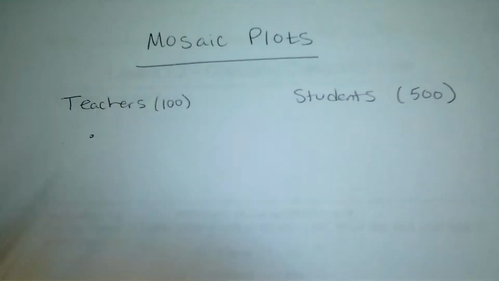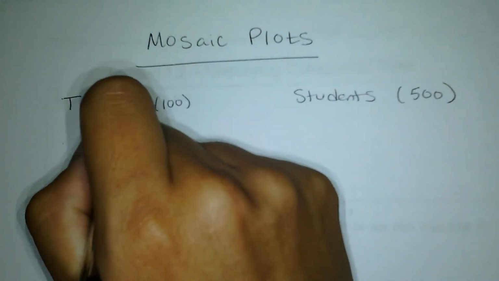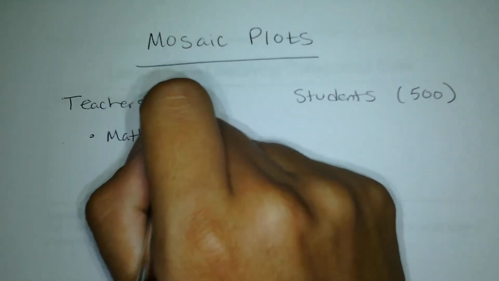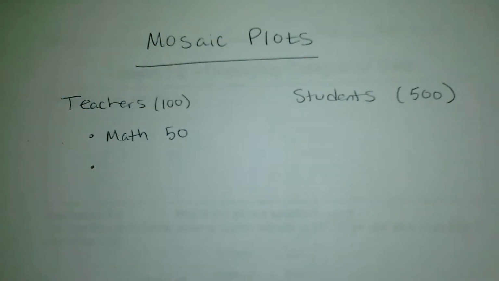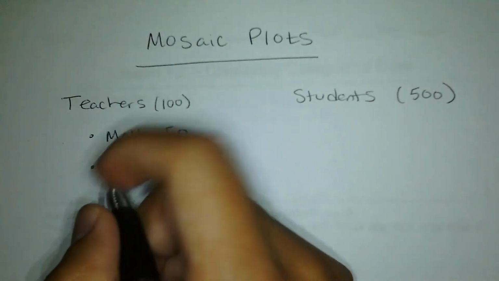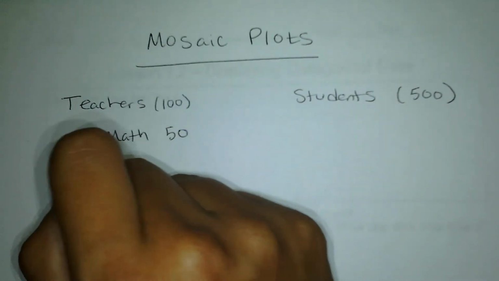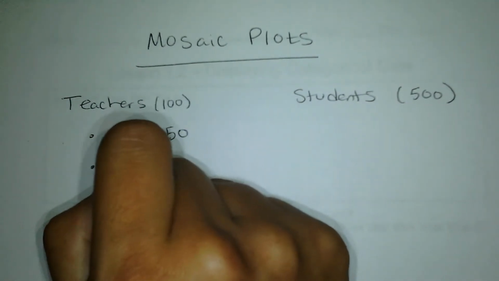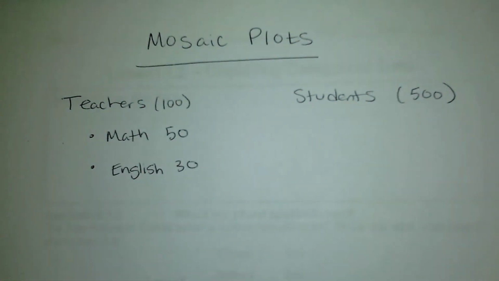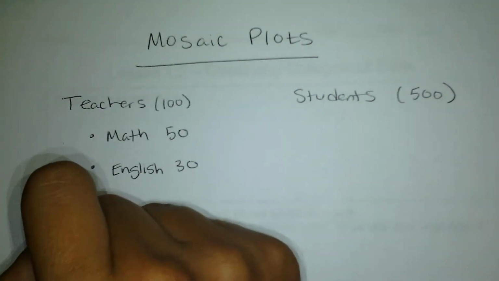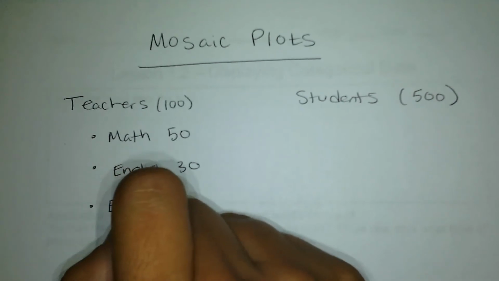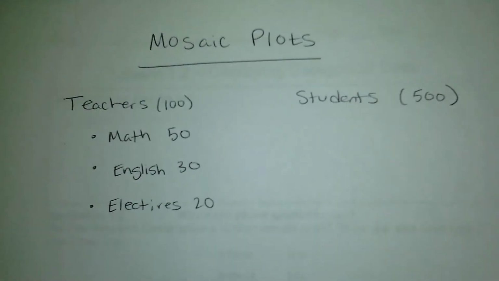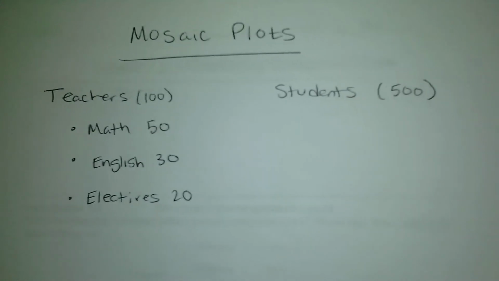Everybody loves math, so let's say that 50 teachers love math, or think that math is the best subject, because it is. Then let's say that another 30 teachers said, nah, the vote's for English. And then lastly, the smaller group here, the last 20 teachers say, actually, electives are the most important.